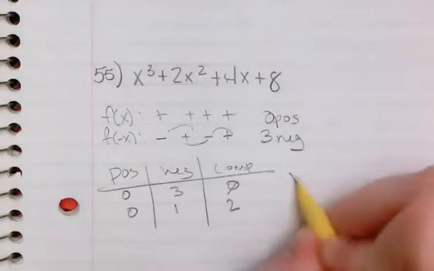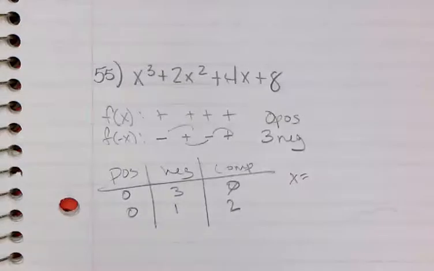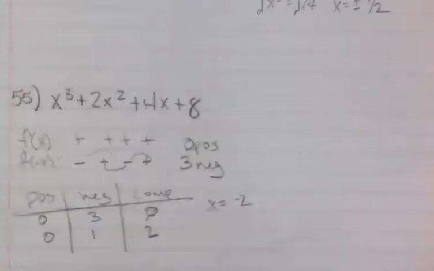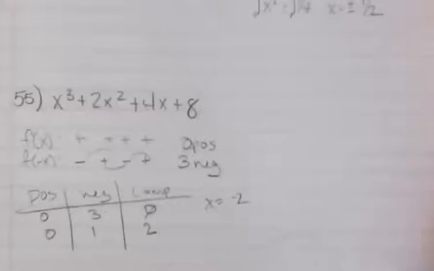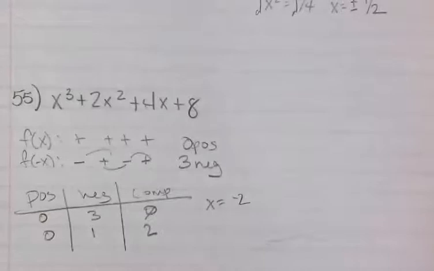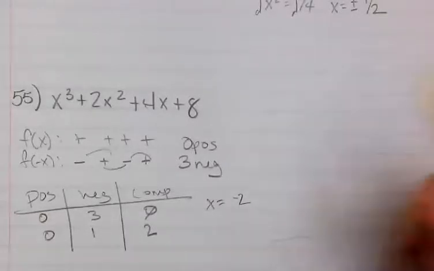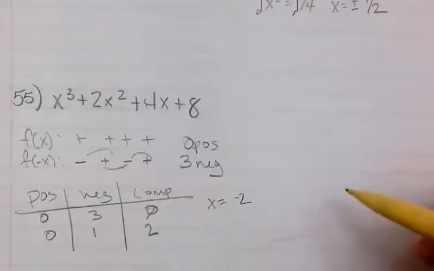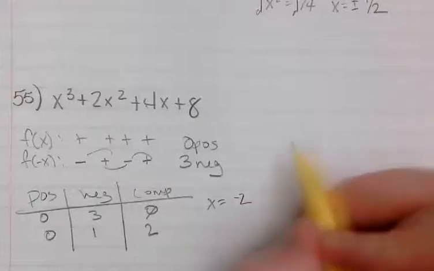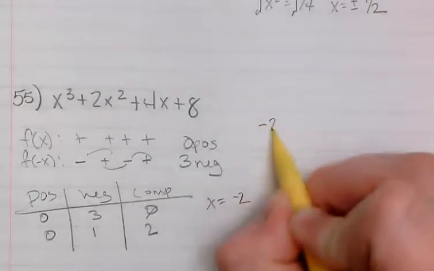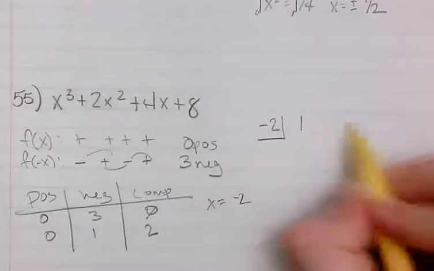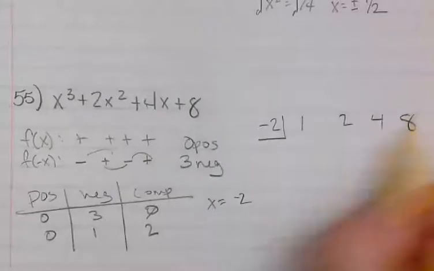Based on my calculator, x equals -2. After I plugged into my calculator and got my graph, I'm going to do synthetic division: -2, 1, 2, 4, 8.